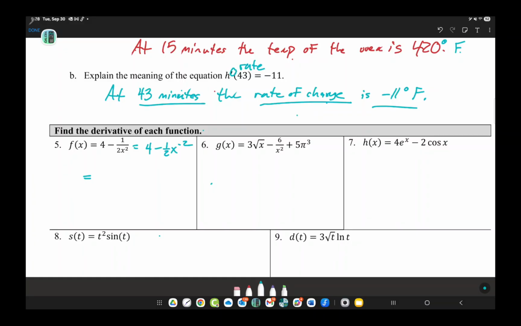We get negative half times -2 gives you +1. x to the -3, which you could write as 1 over x cubed. Okay, so when x is in the denominator, and when you flip it, it's all in the numerator.